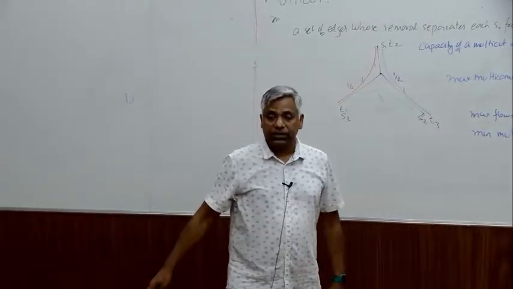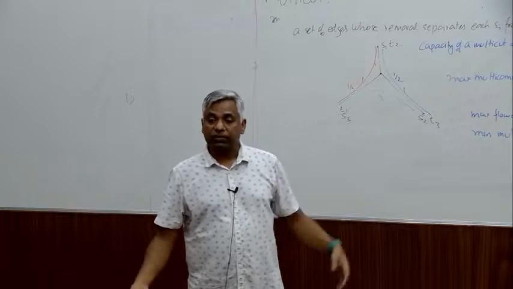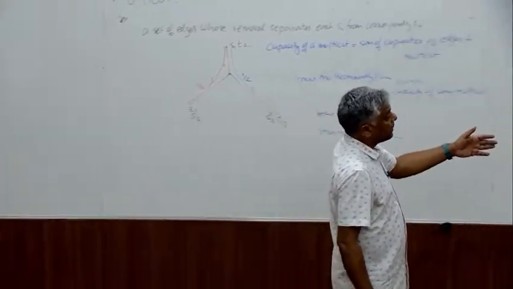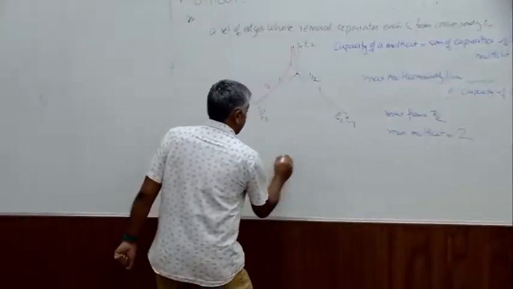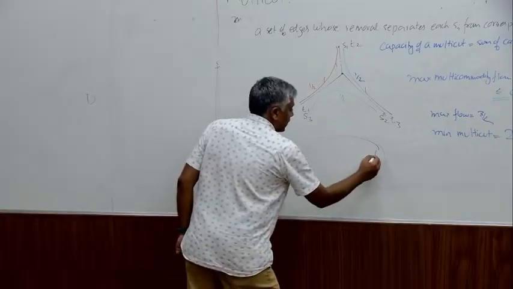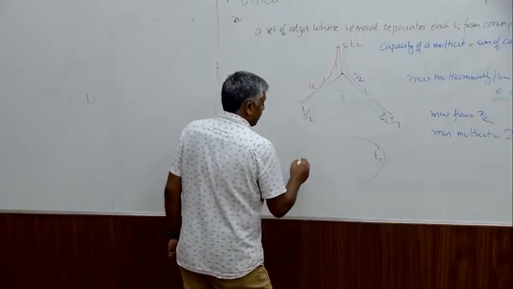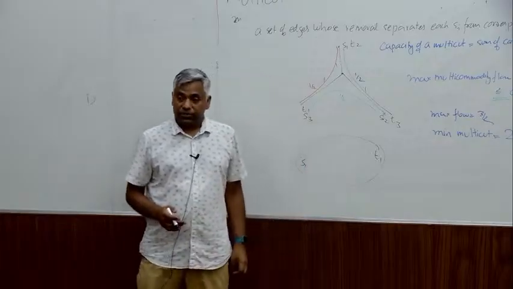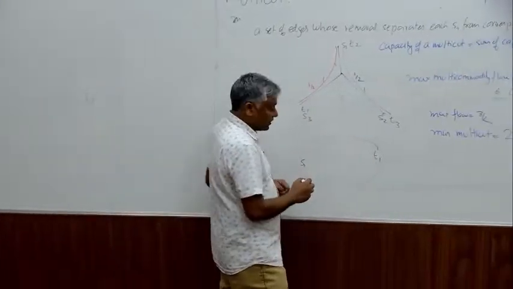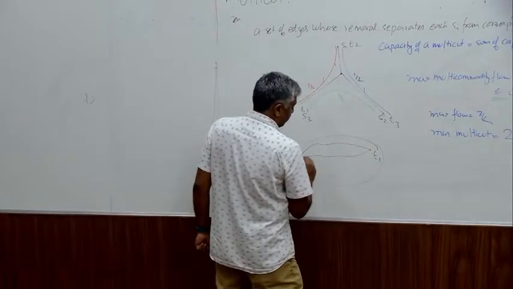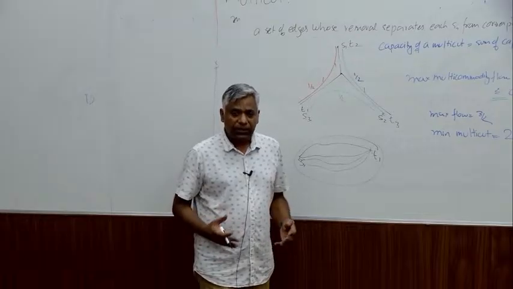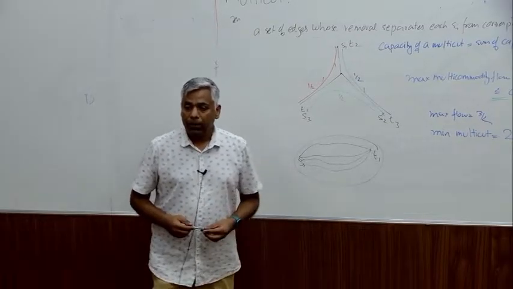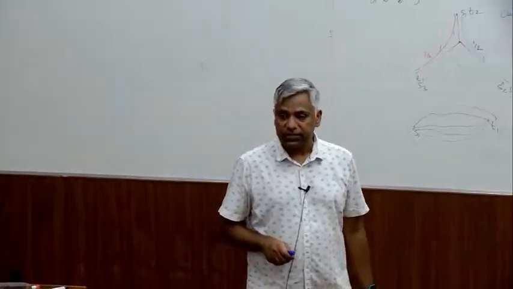This is for multiple commodities, K more than 1, but it is true for single commodity too. If I wrote the linear program for a single commodity and then its dual, it would be exactly this. What do we do there? There our single commodity is S1, T1. It is the same thing, we have to assign lengths such that between S1 and T1, any path has length at least 1. Every path's length should be at least 1, and the lengths we assign to edges should be such that the objective is as small as possible.